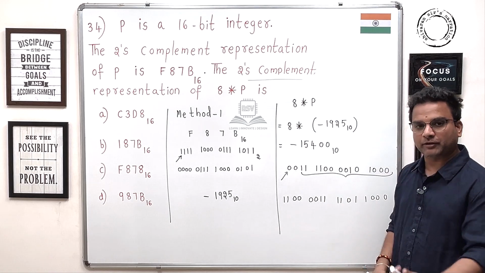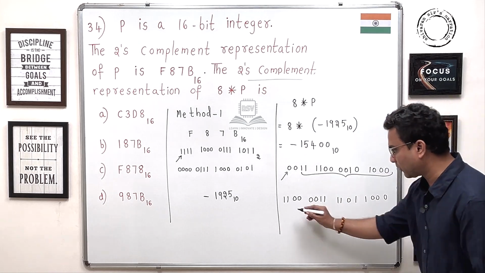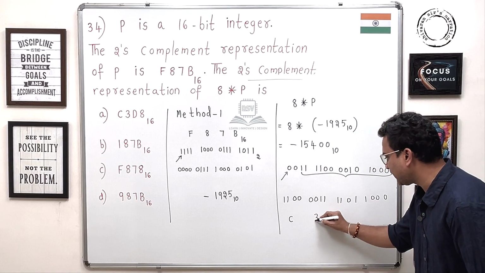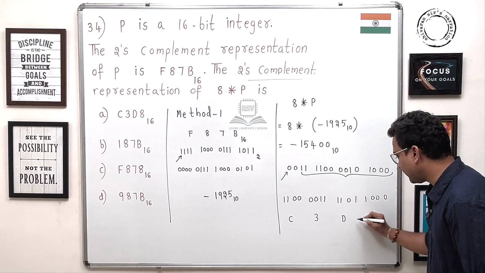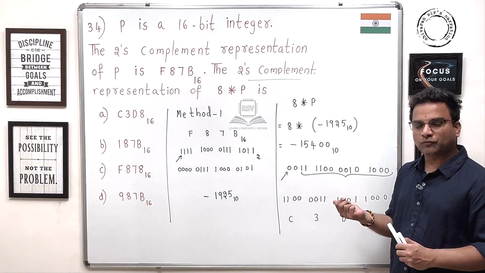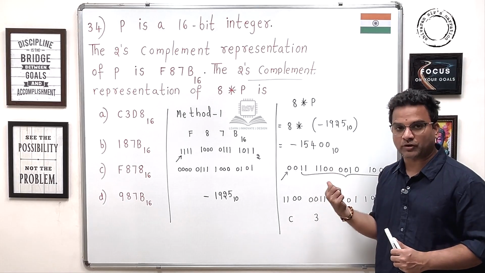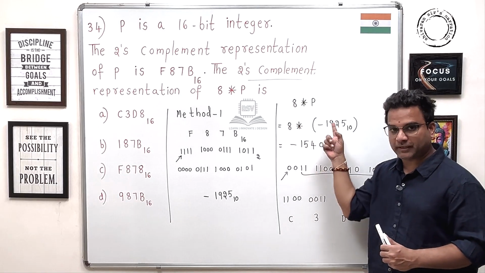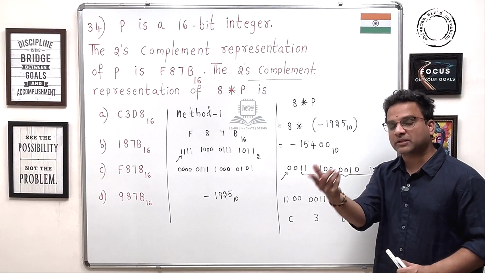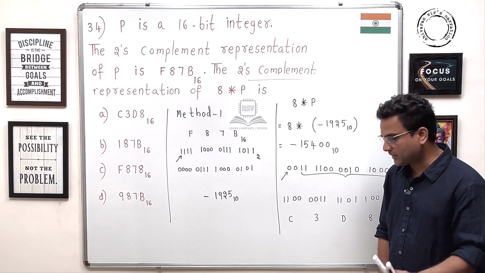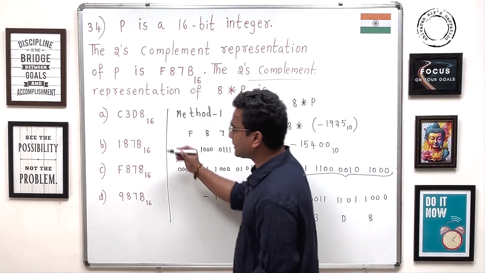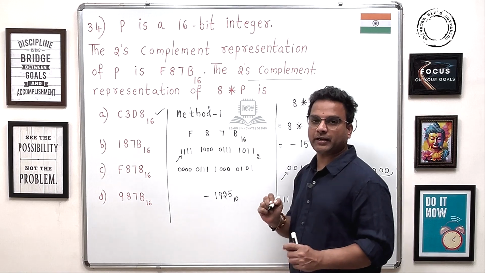Then again you convert into hexadecimal. Therefore it is C, and again it is 3D8. So guys, everybody, 8 into P, which is minus 15,400, in 2's complement representation in hexadecimal form is C3D8. Hence the right answer is option A, C3D8.